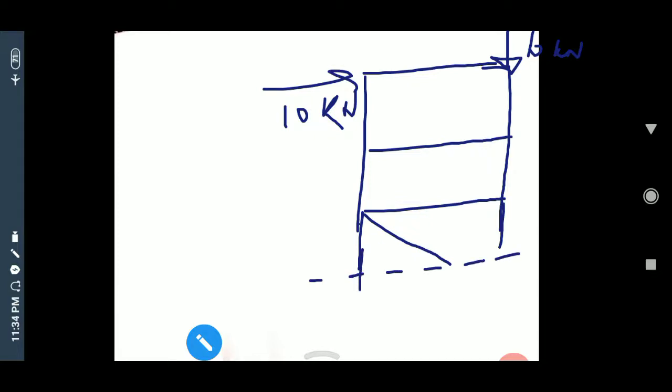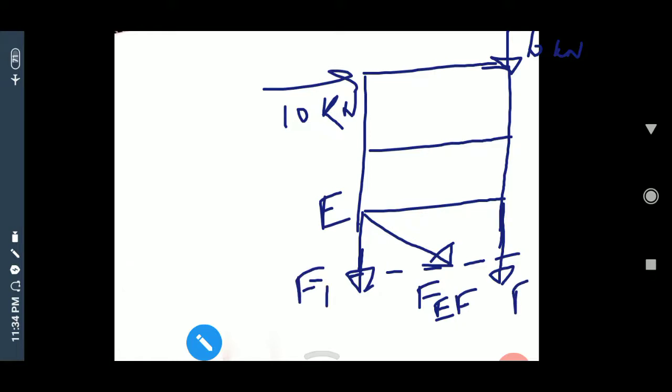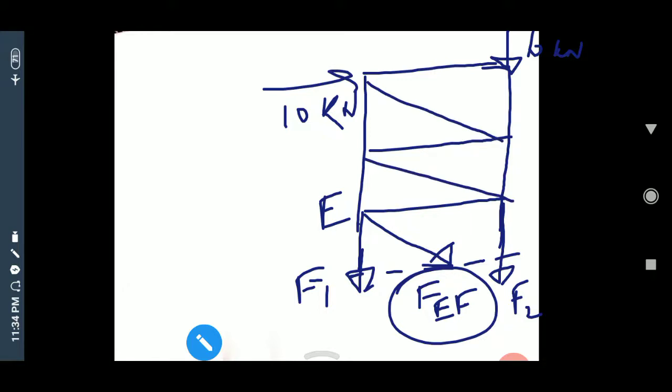Let's consider the member forces are along this line and here along this line. We have to determine the member force in EF. This is the E point and here it was F point, so force in EF. Suppose this is F1, this is F2. We have to determine the force in member EF.